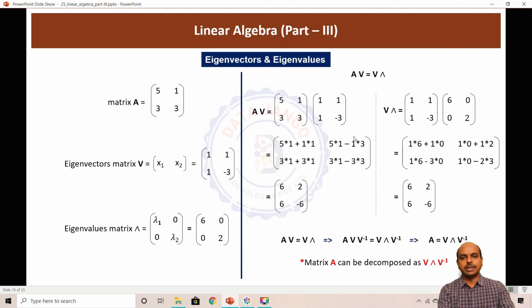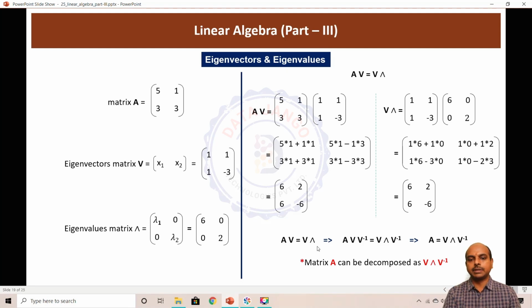So we can say AV is equal to V lambda. What is V? V is the eigenvector matrix. Lambda is the eigenvalue matrix, and it's a diagonal matrix. So when you multiply A and V, you get some matrix. When you multiply V with the capital lambda, you get the same thing. This is small lambda, and that is capital lambda. That means AV is equal to V lambda.